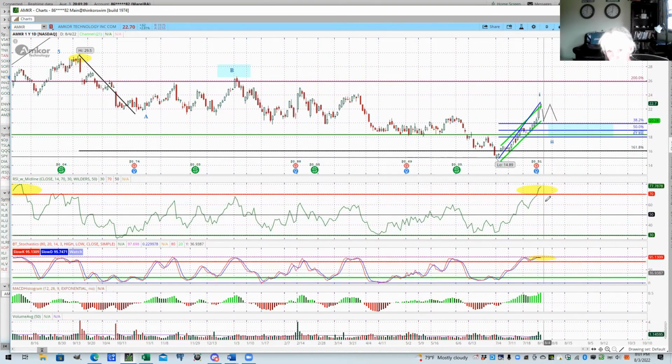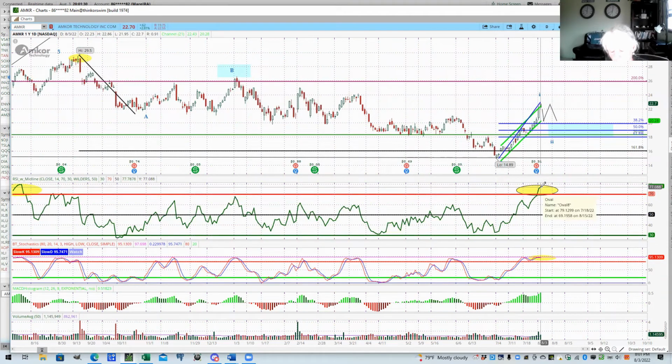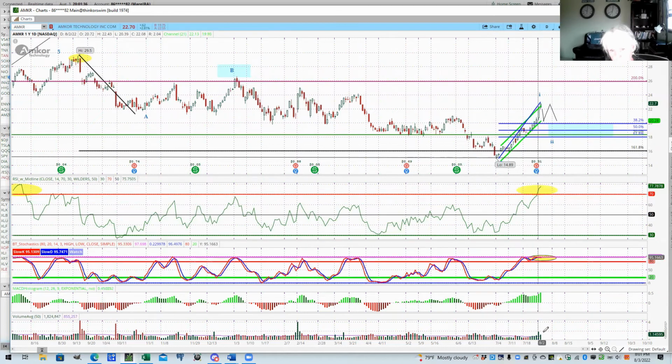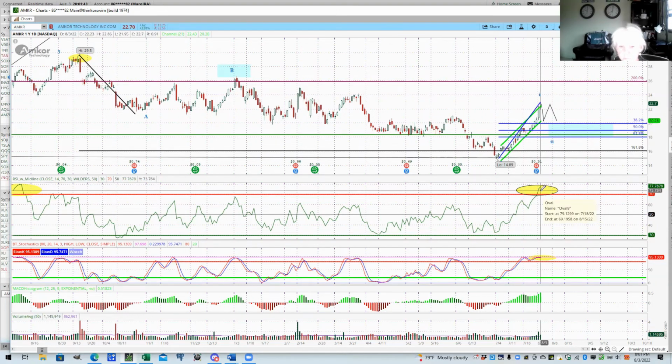This has just been tremendous, giving me clues as to where the top of a wave is, or even the bottom. This is just the best. And then these other indicators are really great at supporting the move.